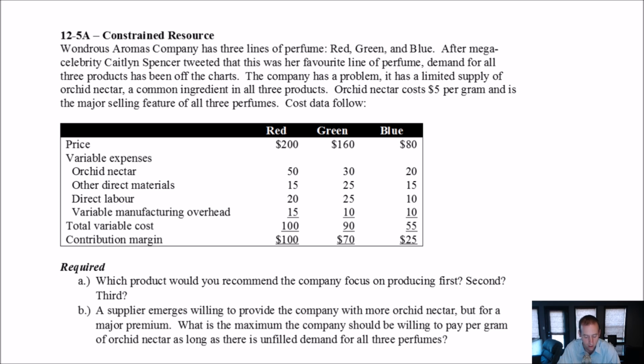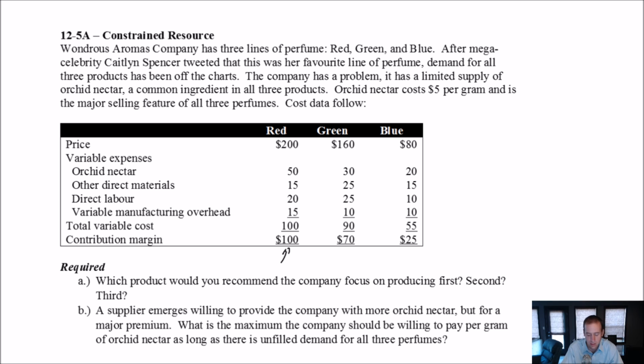Cost data follow. So here we are. You can see the red makes us $100 a unit, green 70, and blue 25. And it says, which product would you recommend the company focus on producing first, second, or third? So in a world where all else is equal, we wished every one of our customers was buying red.